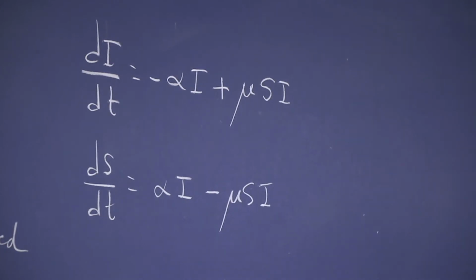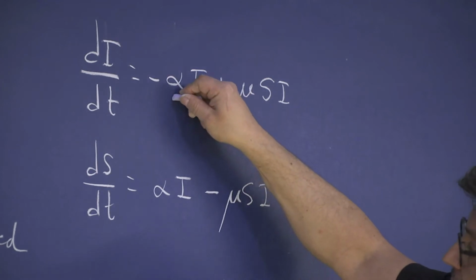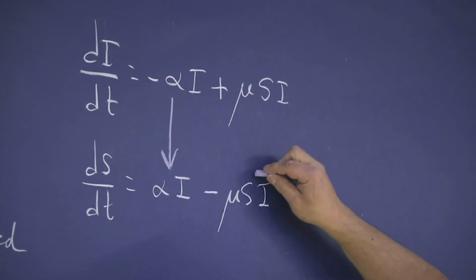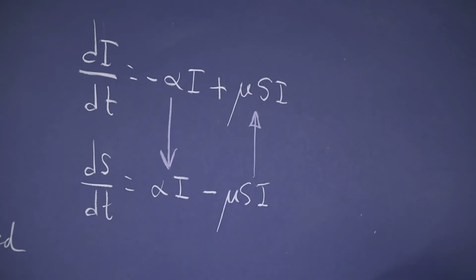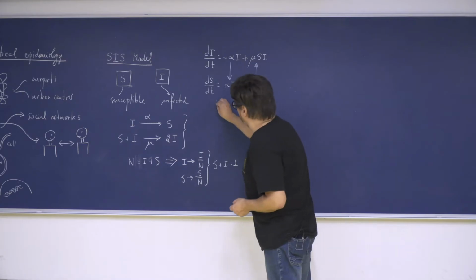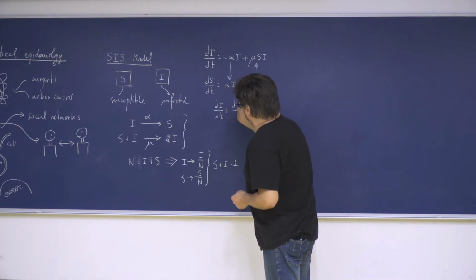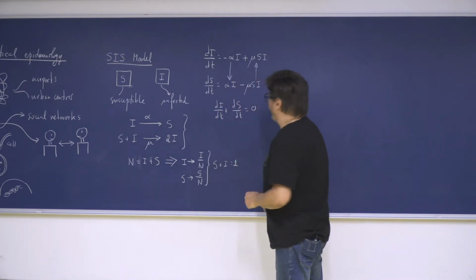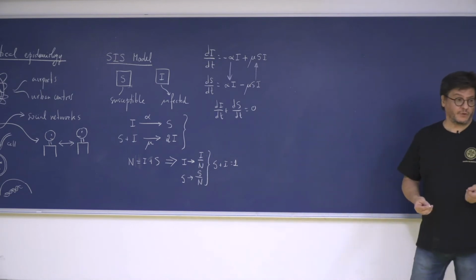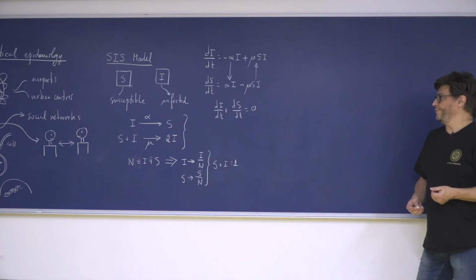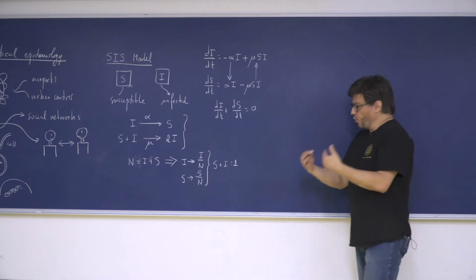I lose someone here, that goes here, I lose someone here, that goes here. Overall, despite this seeming a two-dimensional system, it is not. Because if you make the sum of both, and you can check that for any model you formulate, this is 0, which has to be. The total population has to be constant. Okay, knowing that, we can solve the problem.